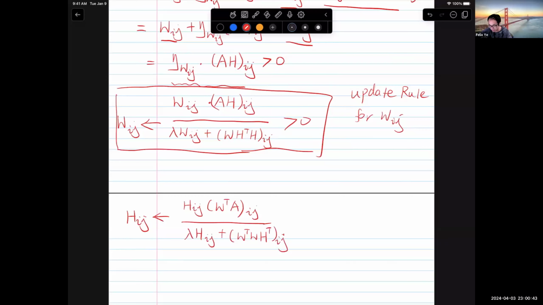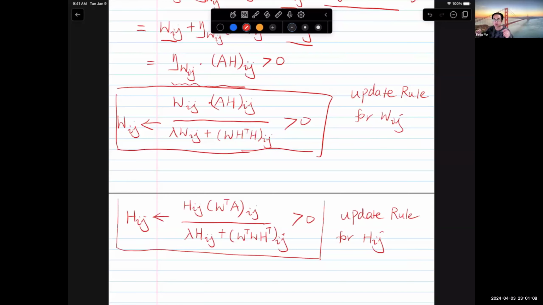So this is again strictly greater than or equal to 0. This is the update rule for H_ij. Basically, if your initial H is non-negative, it will stay non-negative because I don't have any subtraction right here, if we just happen to choose this very specific adaptive learning rate.